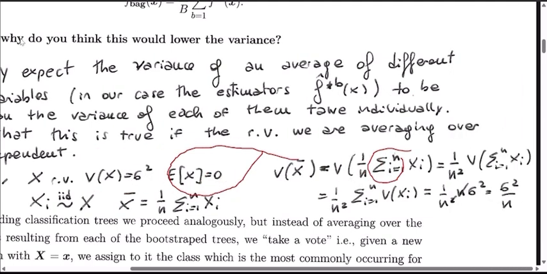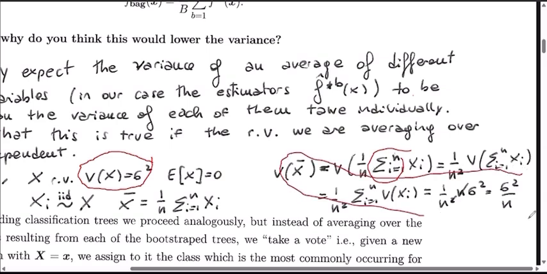Take a look at that. When I consider the individual, the variance is sigma squared. When I consider the average, the variance is sigma squared over n. Out of sigma squared over n and sigma squared, which one is smaller? It is sigma squared over n. They're only going to be the same when the number of observations is 1.